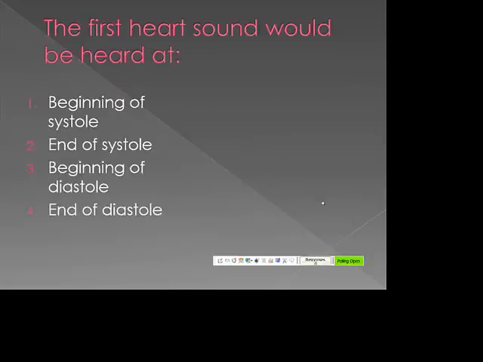So here it is. When do you think the first heart sound will be heard? The first heart sound is because of the closure of the AV valves. So this is how you must relate the information.